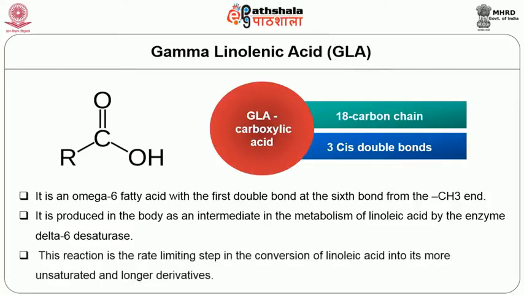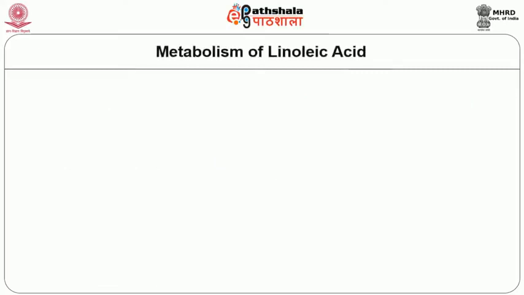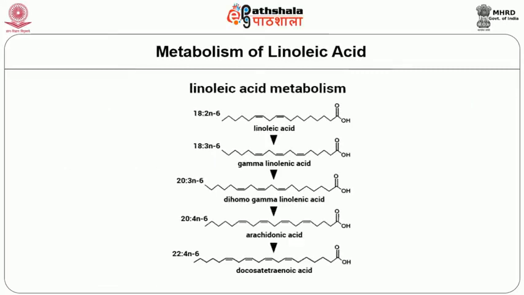This reaction is the rate limiting step in the conversion of linoleic acid into its more unsaturated and longer derivatives. Now we look at the metabolism, what I just said about linoleic acid, how it gets converted to various forms.